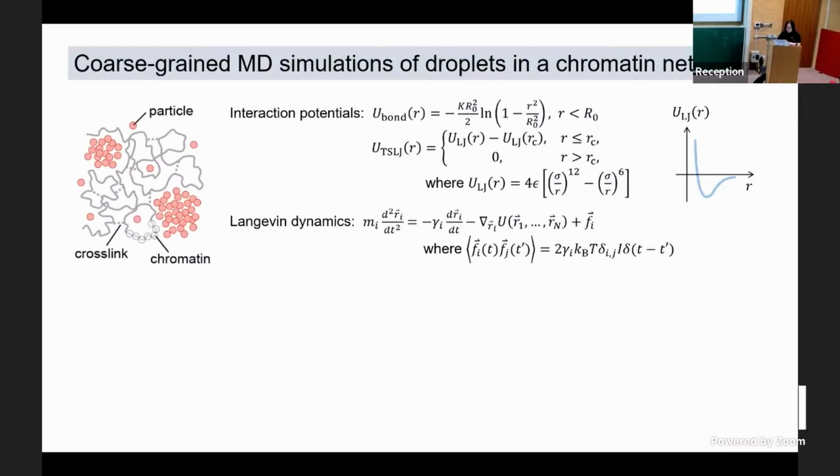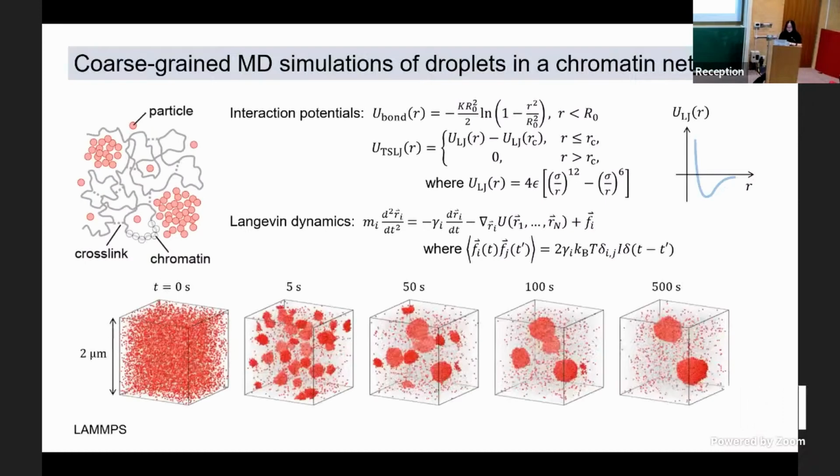Okay. So then we evolve the whole system through long-term dynamics, which is essentially just to equilibrate the system. These are the snapshots in the simulation. You can see these droplets coarsening in a cross-linked chromatin network. Initially the red molecules are distributed randomly in the chromatin network.